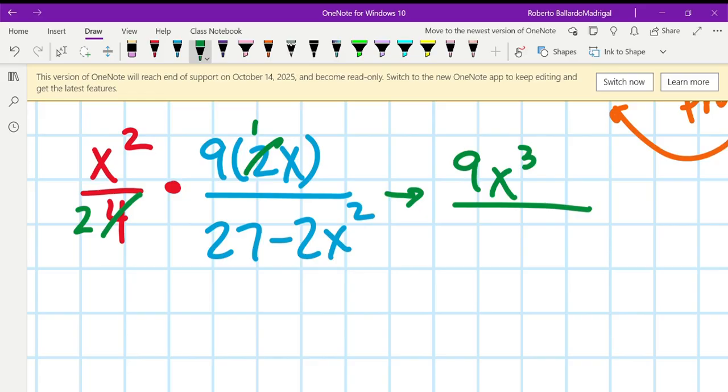And then 2 times, you're going to have to distribute, right? It's 2 times 27, which gives you 54, and 2 times negative 2 gives you negative 4x squared. And is there anything else we can do? No. All right, this is our final answer.